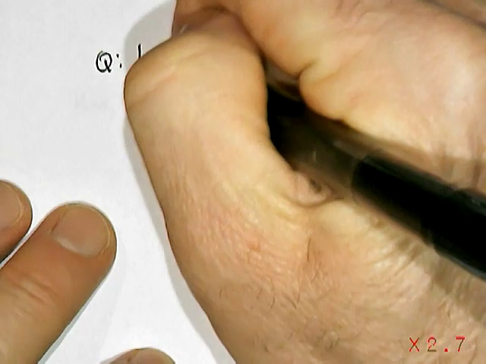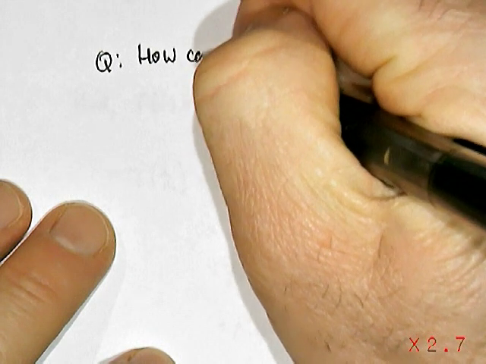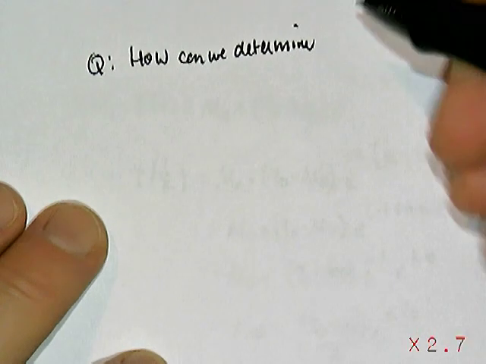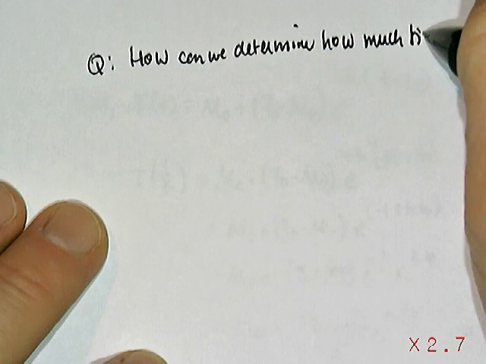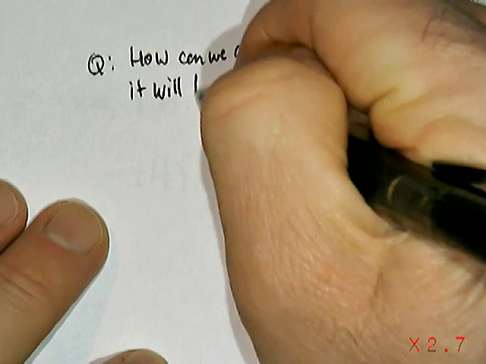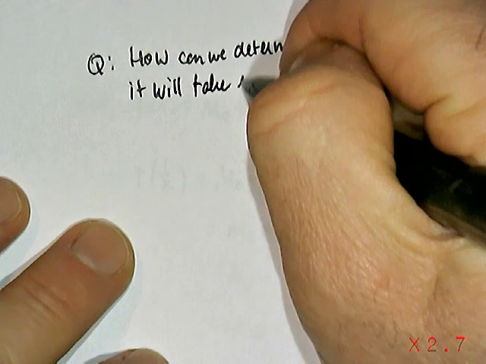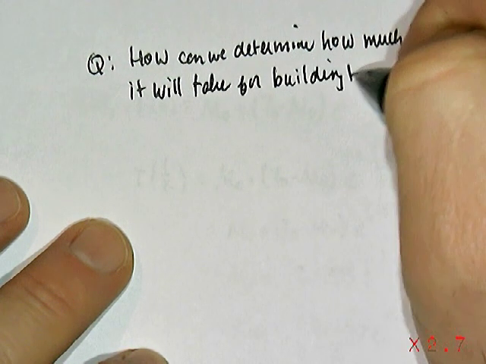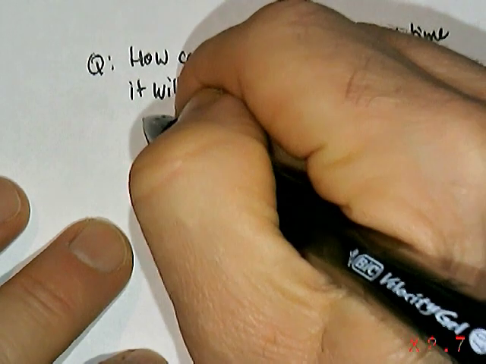How can we determine how much time it will take for the building temperature to change significantly?